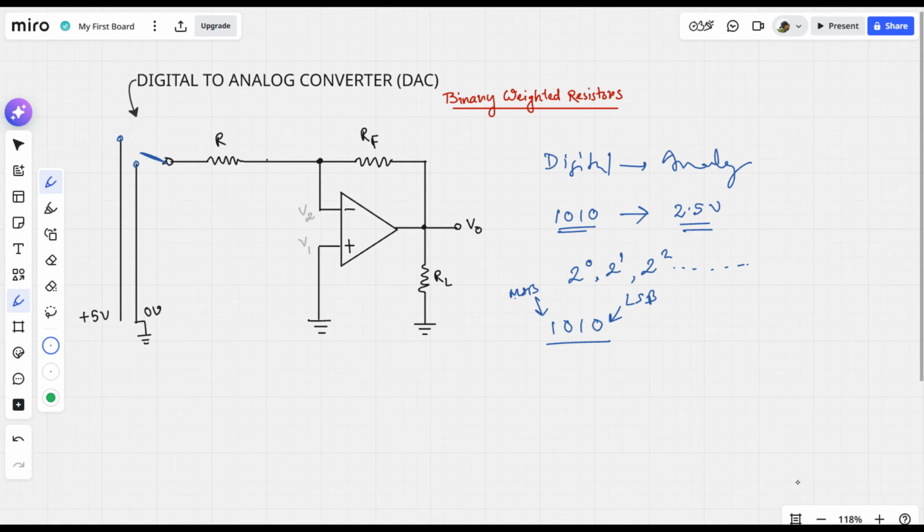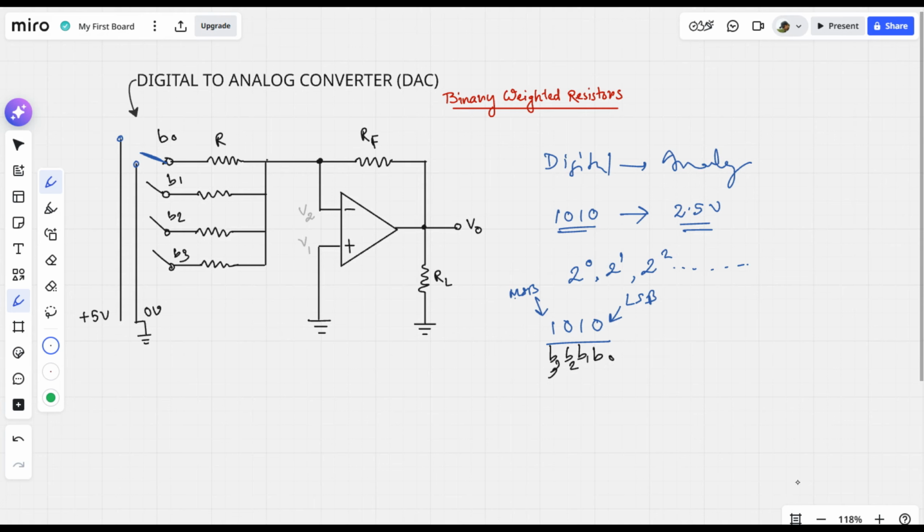Depending on our requirement, suppose we require 4 bits, then we have to draw 4 lines, put 4 resistors, and finally a summing amplifier. So we have a 4-bit system here. Suppose this is B0, which is the LSB, then B1, B2, B3, and these are the corresponding switches.